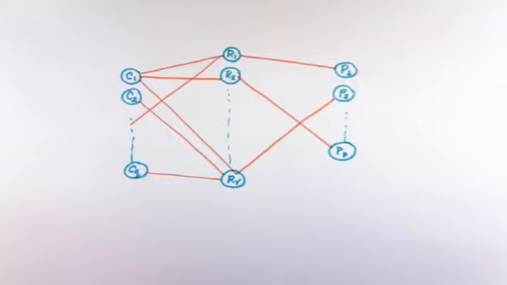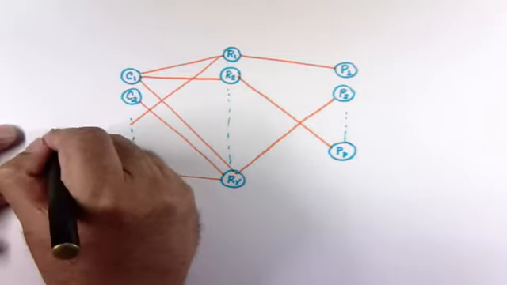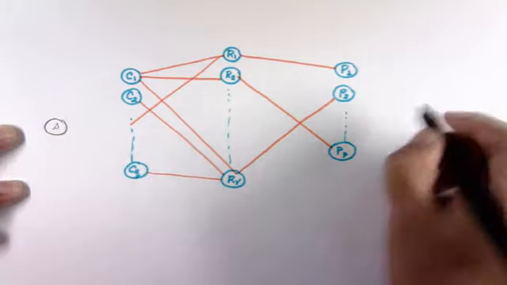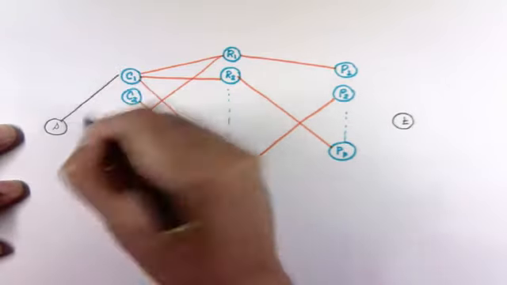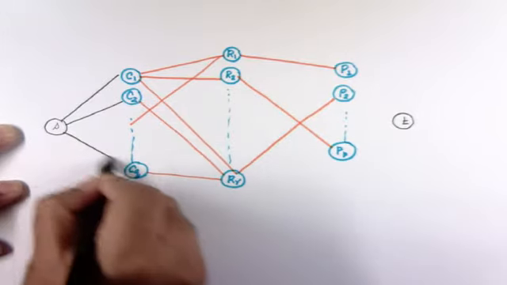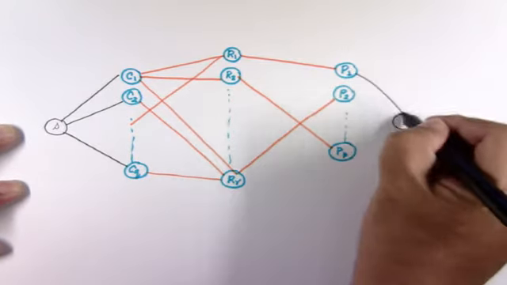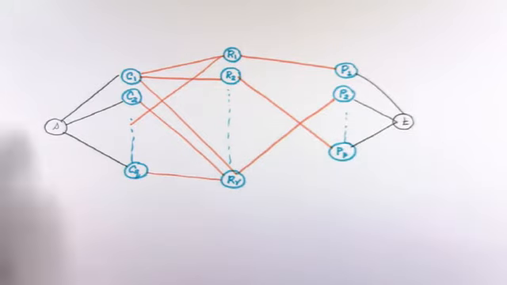So that's the main portion of the graph. Now what we do, here is the trick. So we put a special node S here, and we put a special node T here, connect this to all vertices in C, connect this to all vertices in P. Now what we are going to do is, we are going to look for the maximum flow from S to T. But while we do that, we want to first see what should be the edge capacities.